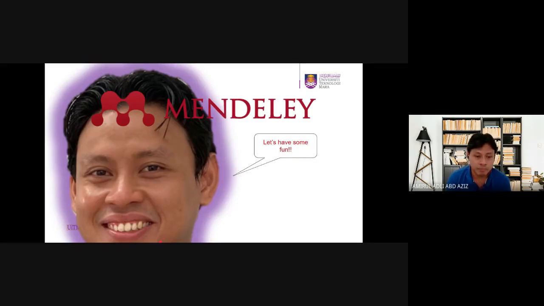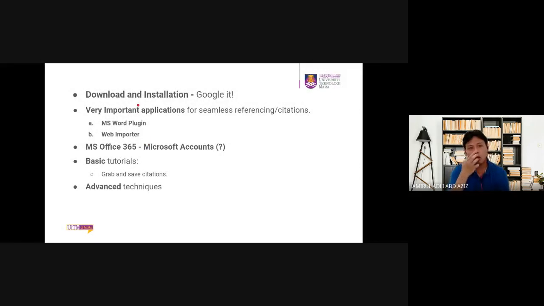Okay. So, first of all, download and installation. This is really rather simple. I don't have to tell you how to do it. You just have to Google it, find the link, and then install it. The one you install is what we call Mendeley Desktop. It's a software that you download and then install on your machine.